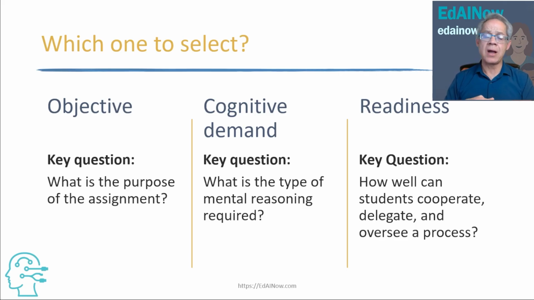And certainly, how ready are the kids? Can they control this process? Can they collaborate? Can they delegate? Can they oversee a process and take ownership of it? The more capable a student is of doing those things, the more capable a student is of using a higher level of AI.